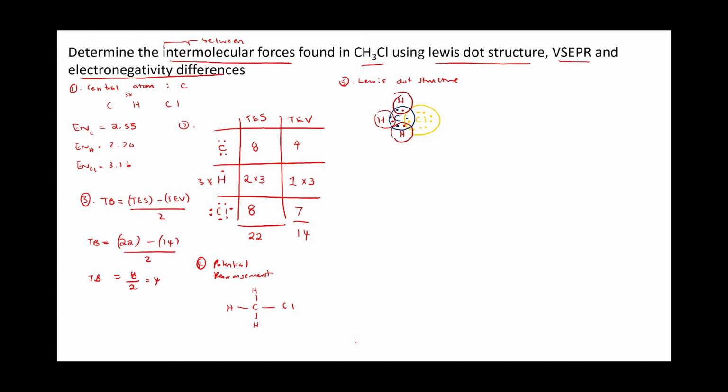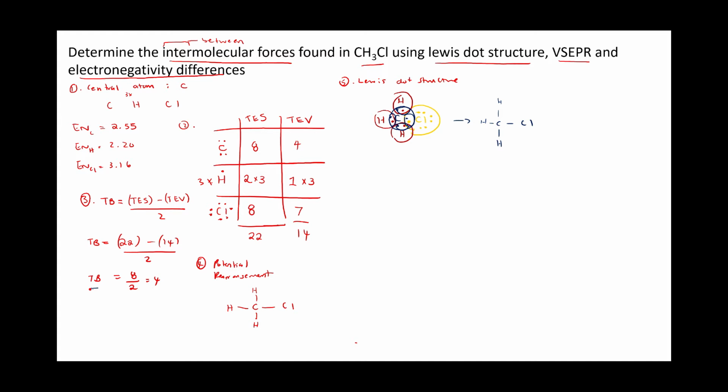Now this is all good and well, but you can see that we could change all of the bonding electrons, which are the ones in the circles here, here, and here, to single bonds. A single bond is basically a pair of bonding electrons. A double bond is 2 pairs of bonding electrons. A triple bond is 3 pairs of bonding electrons.